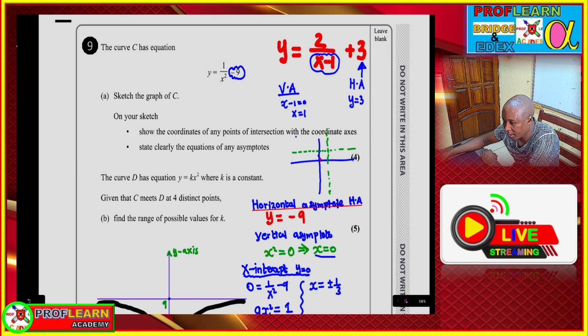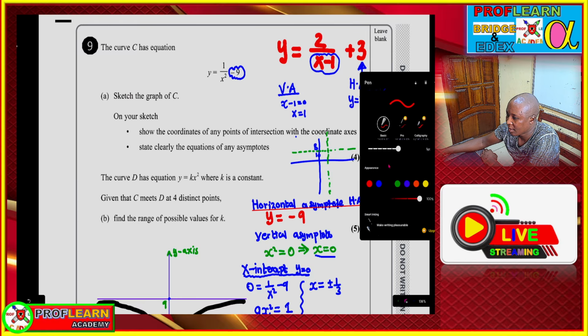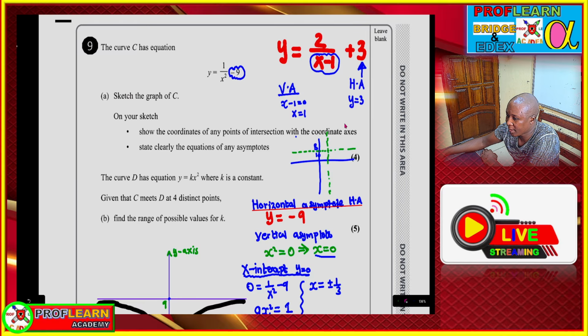It's going to be somewhere here, because the horizontal asymptote was 3. If this was 3 here, then 1 will be somewhere here. That's the y-intercept.